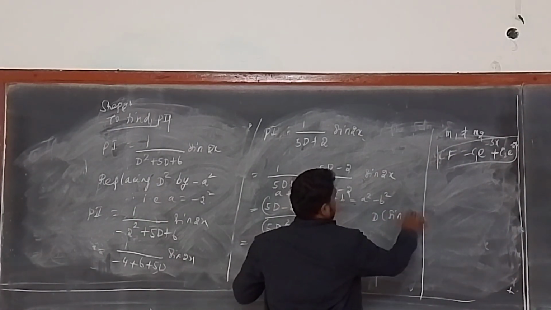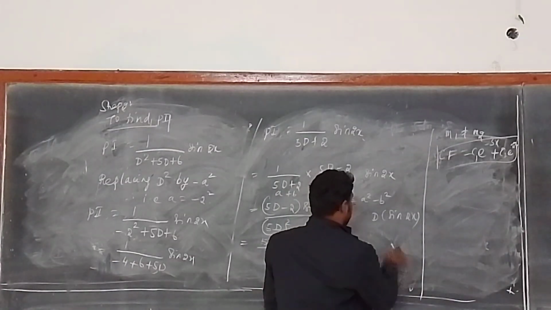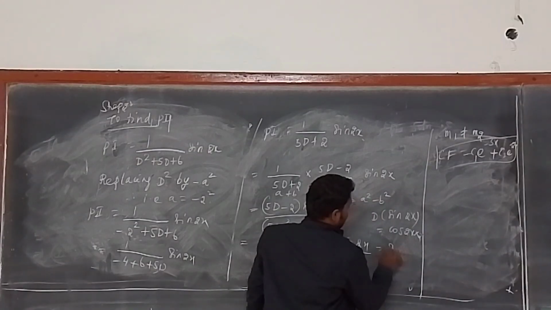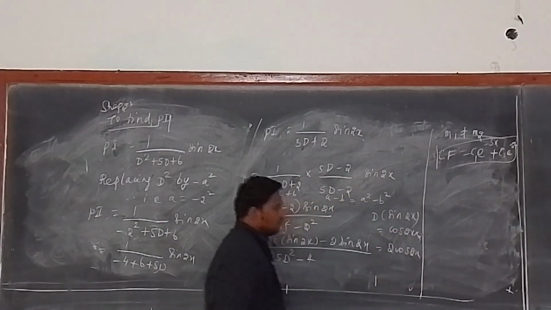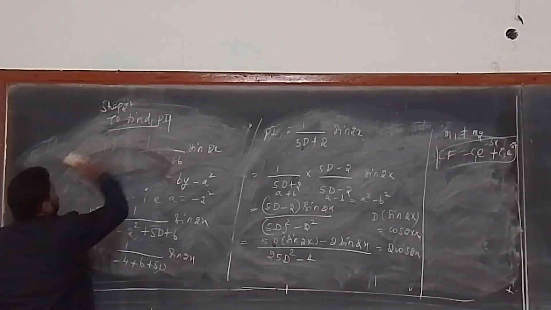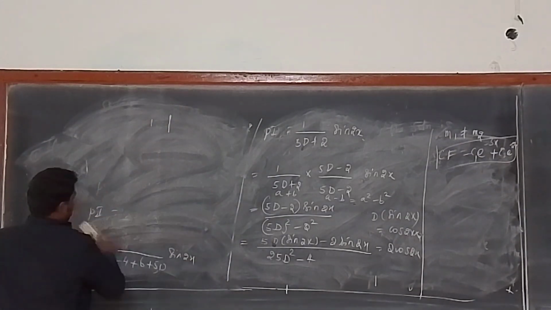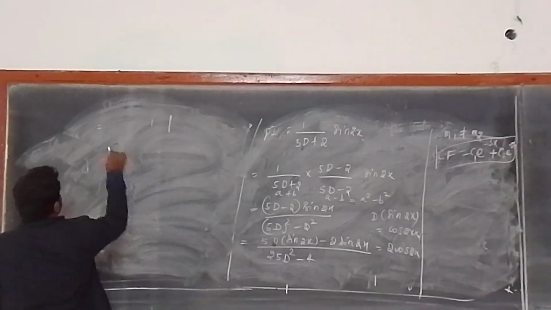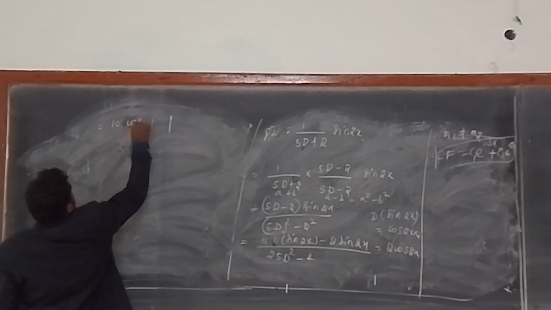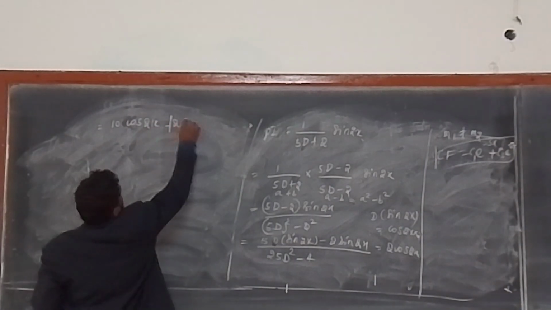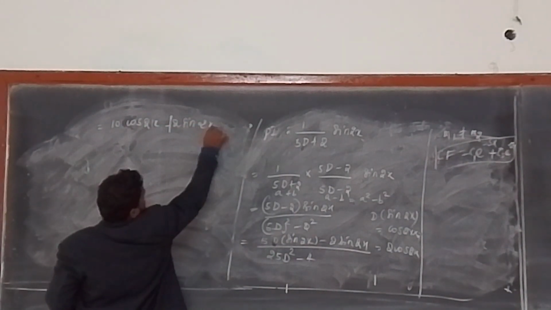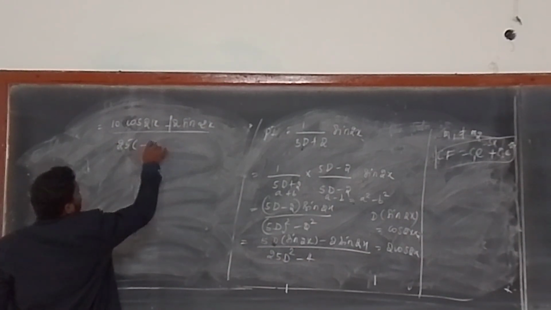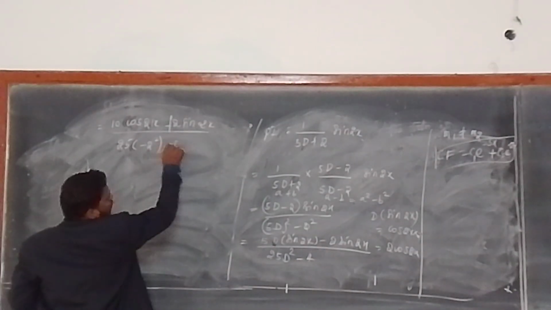The D of sin 2x, the differentiation of sin 2x, is cos 2x into 2. Substituting, 5 into 2 gives 10 cos 2x minus 2 sin 2x, divided by 25 into D square, where D square is minus 2 square, so minus 4.